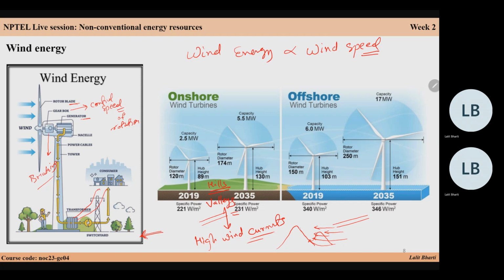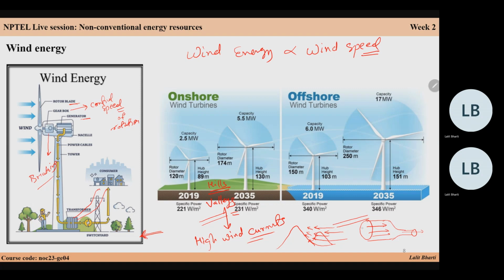From the laws of fluid dynamics, you can understand that if some fluid is flowing from a larger cross-section to a smaller cross-section, the velocity will become higher.